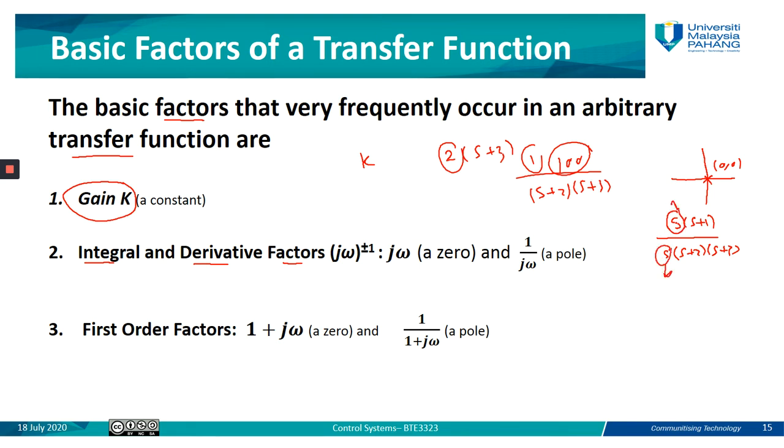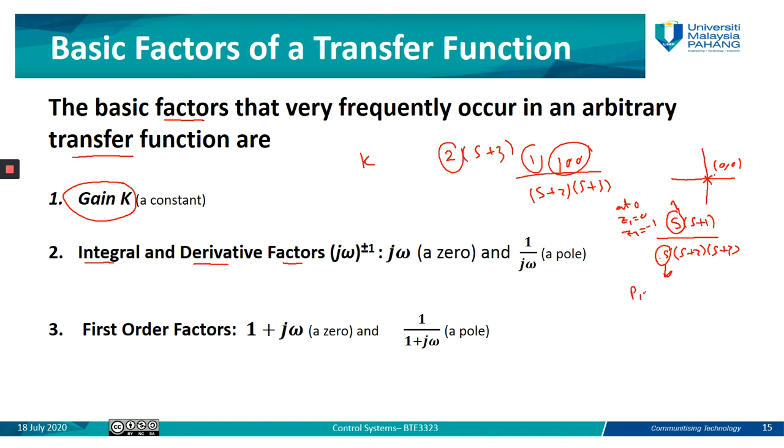That means the zero at the origin we call the derivative zero, and the pole at the origin the integral pole. So both integral or derivative poles and zeros represent poles or zeros at the origin. If I ask you now what the zero is here, the zero will be at the 0 point, correct? Z1 equal to 0, Z2 equal to negative 1, for example, for this case.